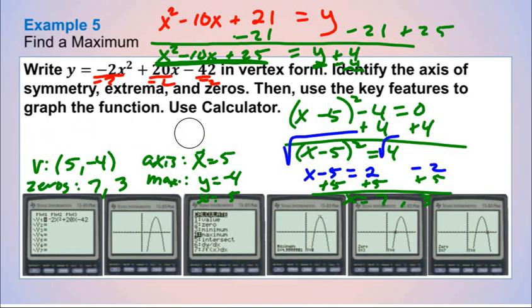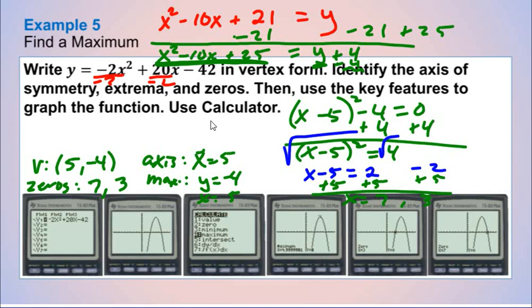when I was completing the square, I go through the same steps to find my zeros, but to write it in vertex form, I'm not going to divide everything by -2 to start off, just only on the one side.